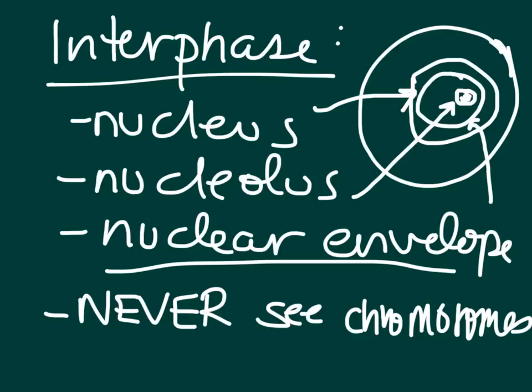When I left you guys on Friday, one of the last things we were doing was looking at a diagram of a chromosome. And it was that little X-shaped thing, right? So you are never going to see condensed DNA. It's unfurled and being used. It's never going to be in the form of that X-shaped thing during interphase.